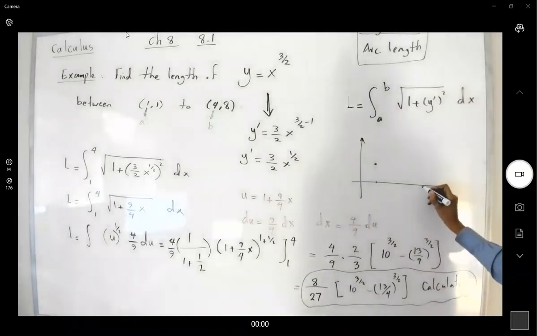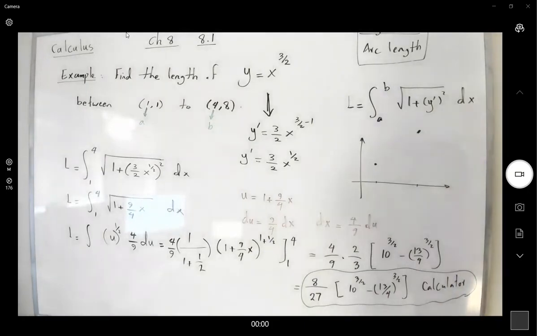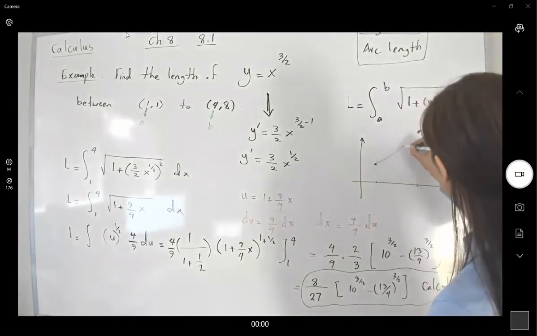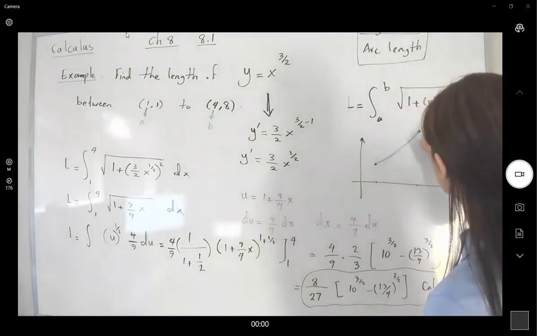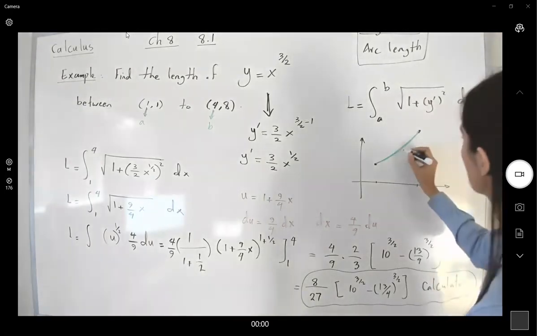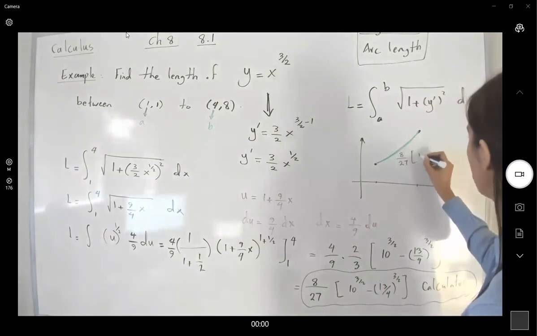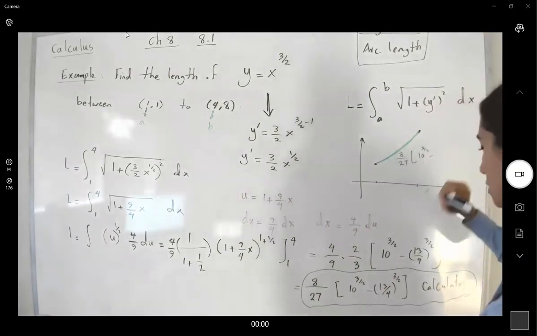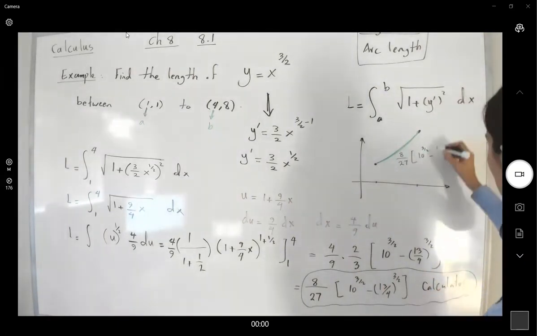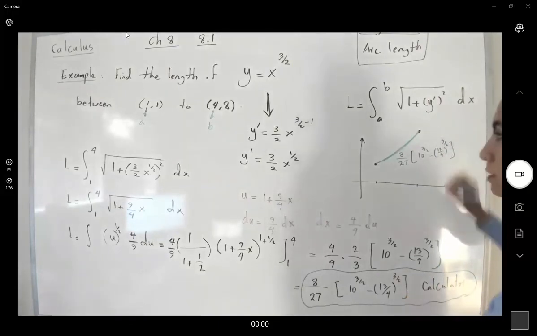Okay, 4 and 8. And the behavior of this guy is going to be almost like this. So we calculated this length here, which is this ugly number, 8 over 27 times 10 to the 3/2 minus, if we simplify this guy, 13 over 4 to the 3/2.